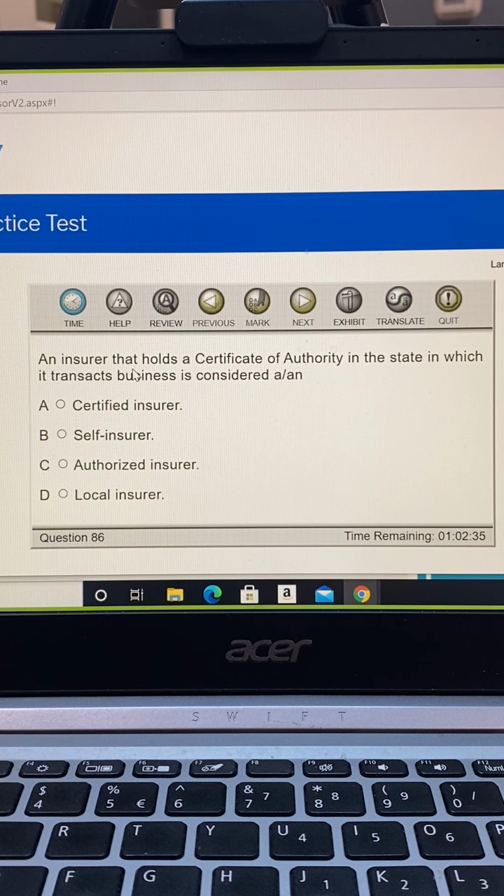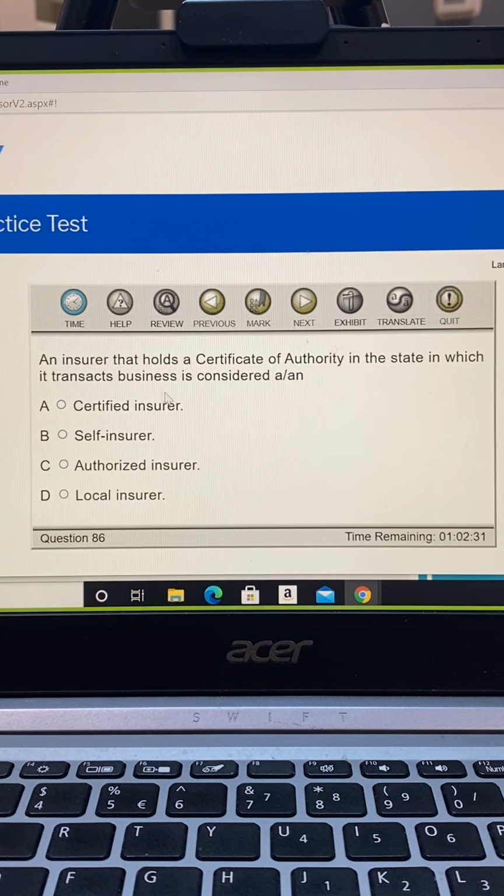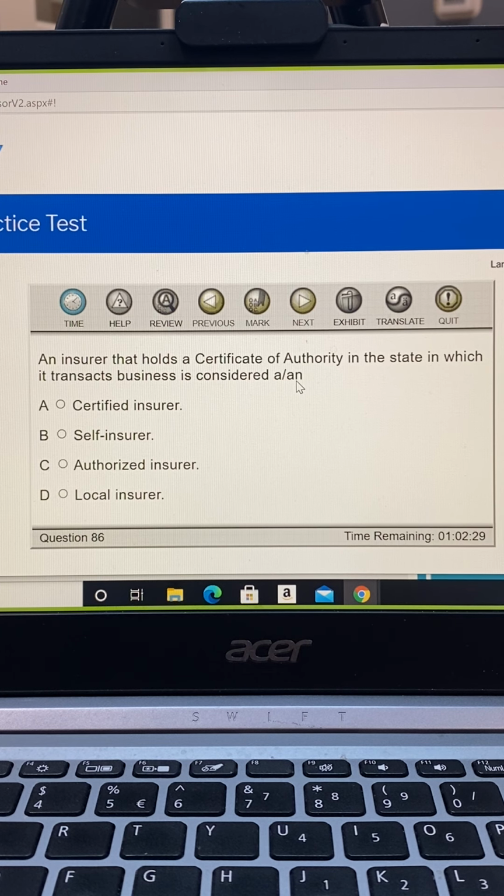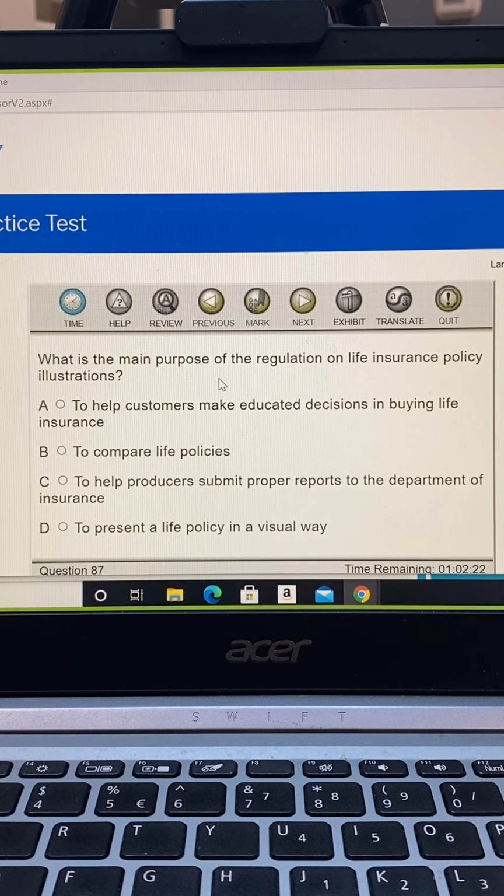Perfect. An insurer that holds a certificate of authority in the state in which it transacts business is considered an authorized insurer. What is the main purpose of the regulation on life insurance policy illustrations? Is it A?